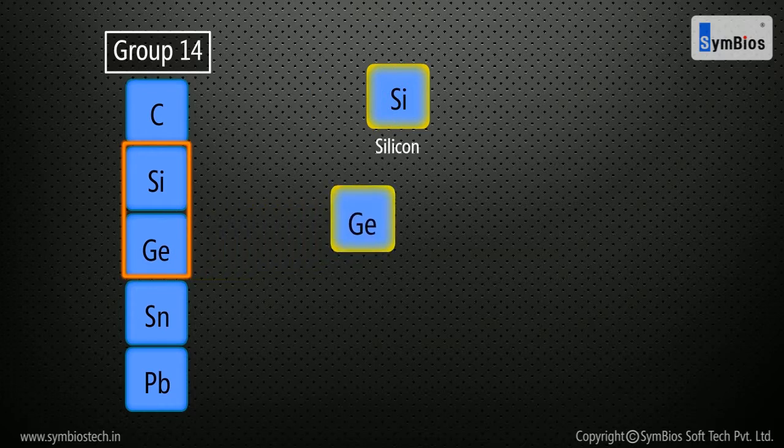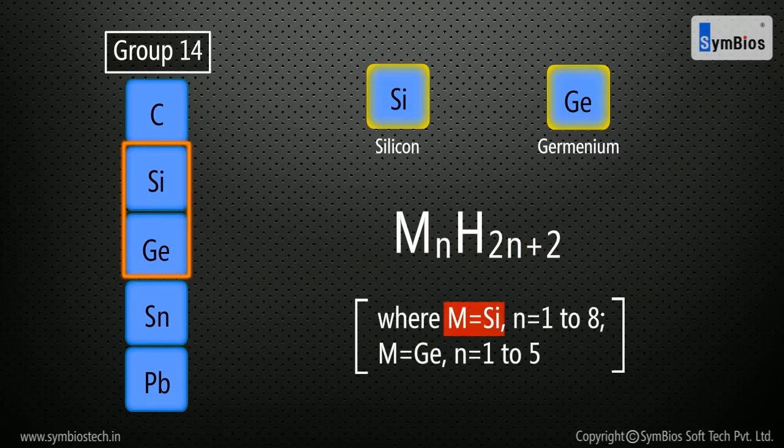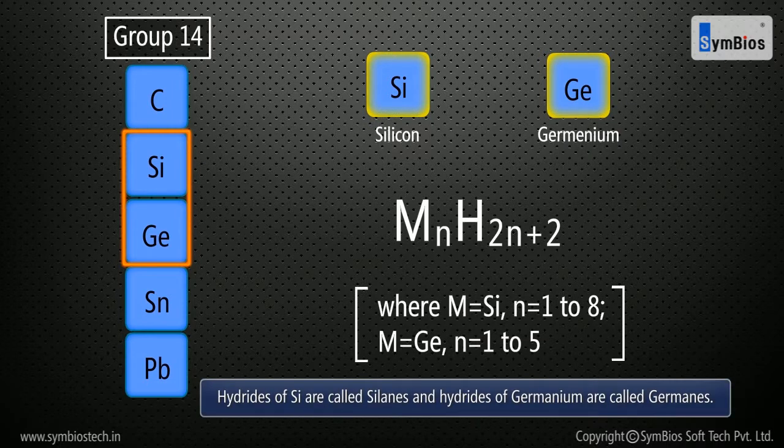Silicon and germanium form hydrides of the formula MnH2n+2, where M is equal to silicon, n is equal to 1 to 8, and M is equal to germanium, n is equal to 1 to 5. Hydrides of silicon are called silanes and hydrides of germanium are called germanes.